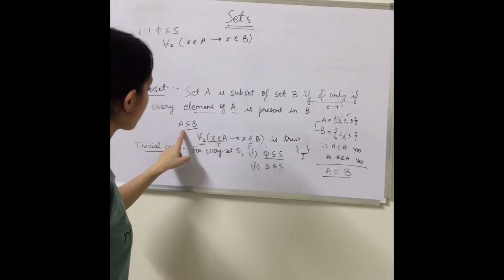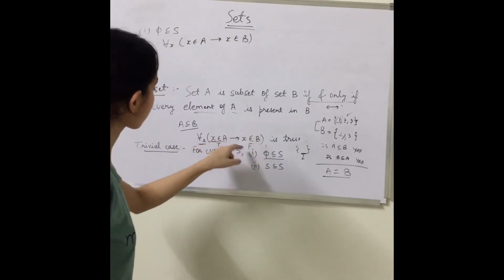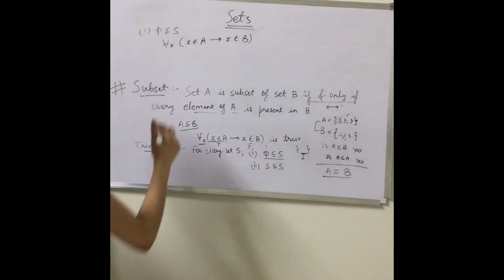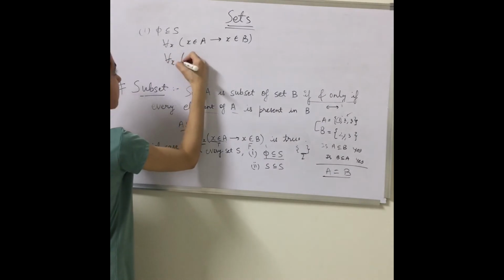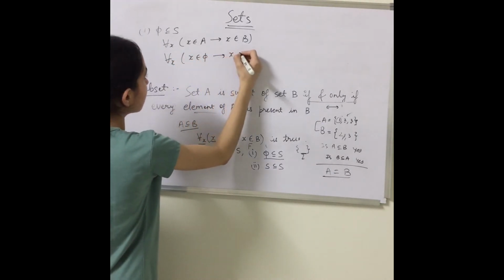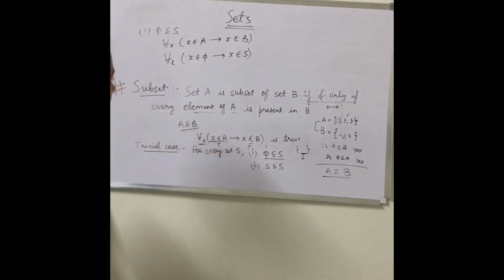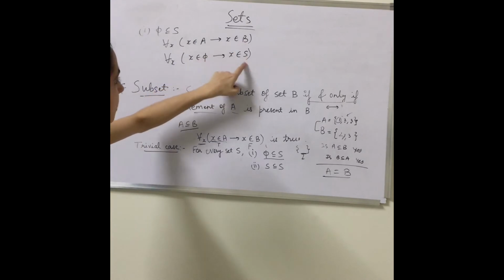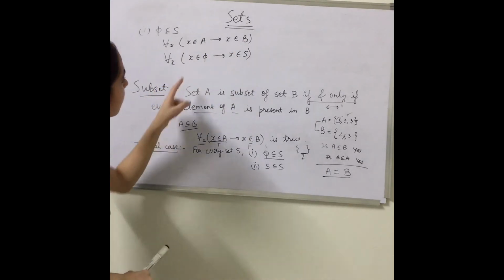If x belongs to A is true, then x belongs to B is also true. So A is a subset of B. So for all x, x belongs to phi implies that x belongs to S. Simple: replace A with phi and B with S.